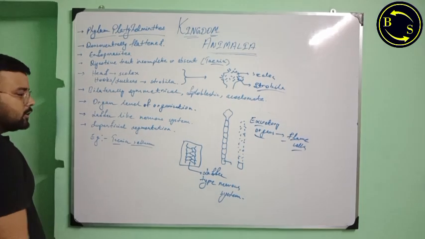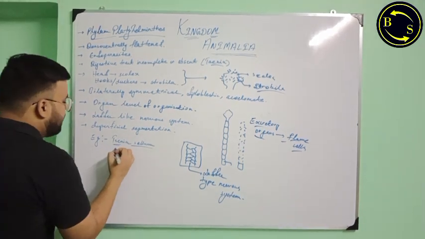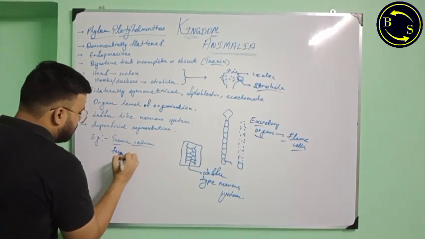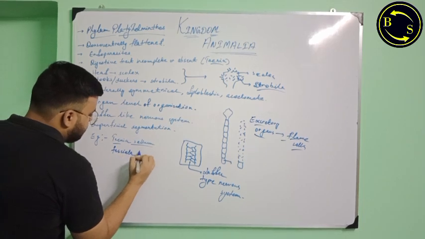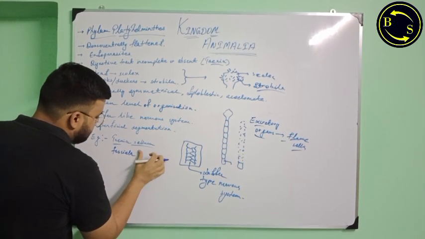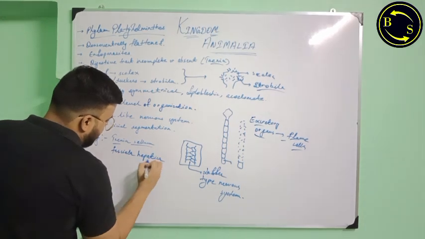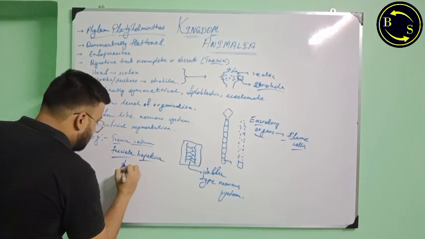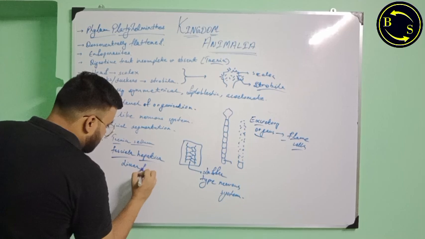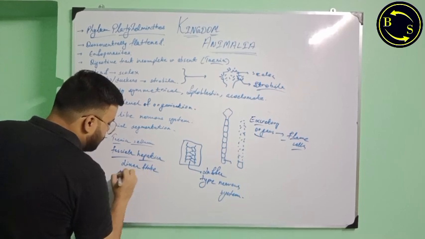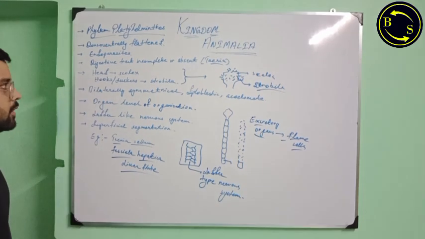For example, Taenia solium and liver fluke called Fasciola hepatica. This is known as the liver fluke, and they are mostly aquatic, found in freshwater environments.